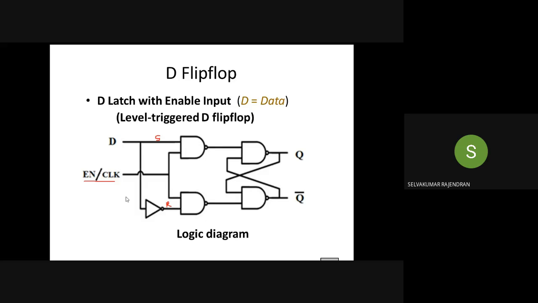In this D type flip-flop, we give the data input directly to the S input, and then the complement of D is given to the R input. So this whole structure is nothing but the D flip-flop, derived from the SR flip-flop structure. This is the logic diagram for the data flip-flop, or simply D flip-flop.